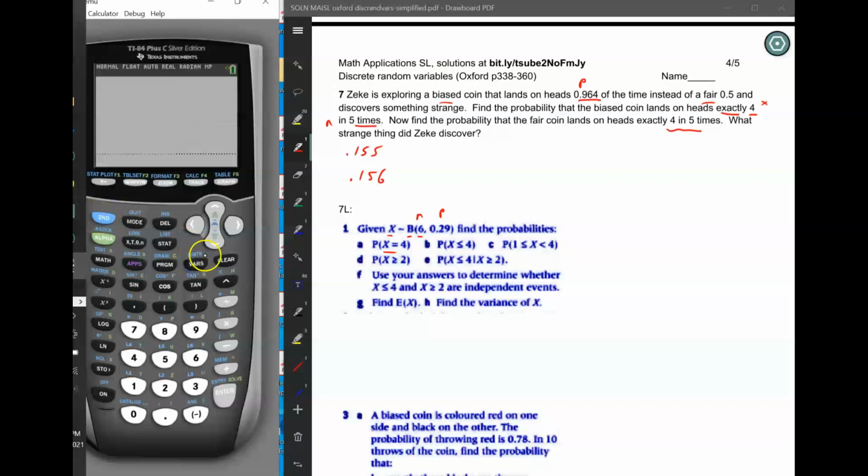Second distribution, we'll go to binomial PDF, which is option A, and we'll put in 6 for the number of trials, 0.29 for probability, and for the x value, we're putting in 4. And the probability is 0.0535.